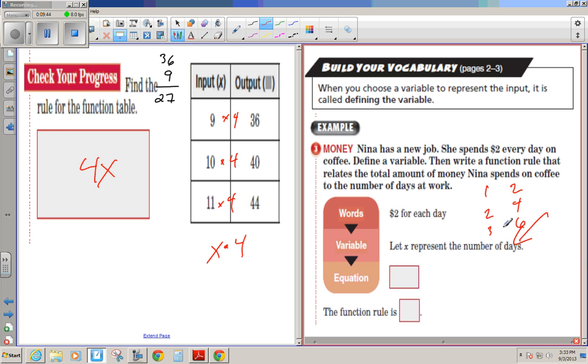So we're taking each of these numbers and multiplying by 2. So here, 2 times x is my equation. That's because you're multiplying each of the x's by 2.